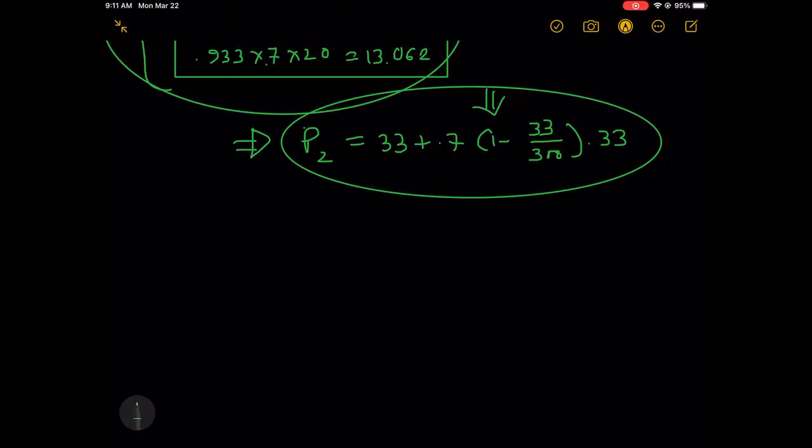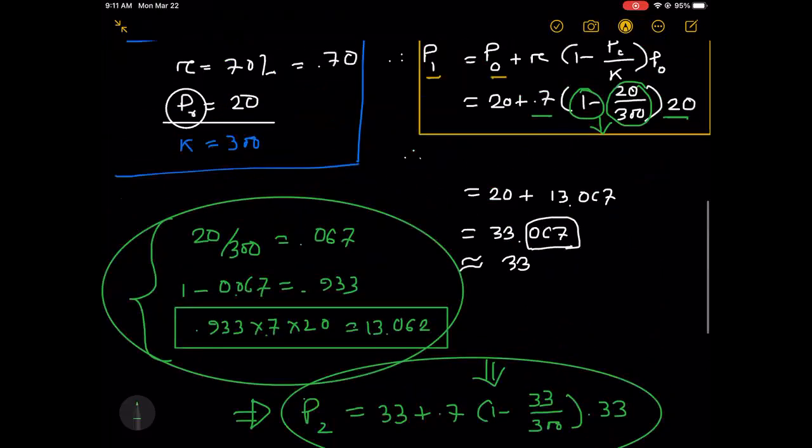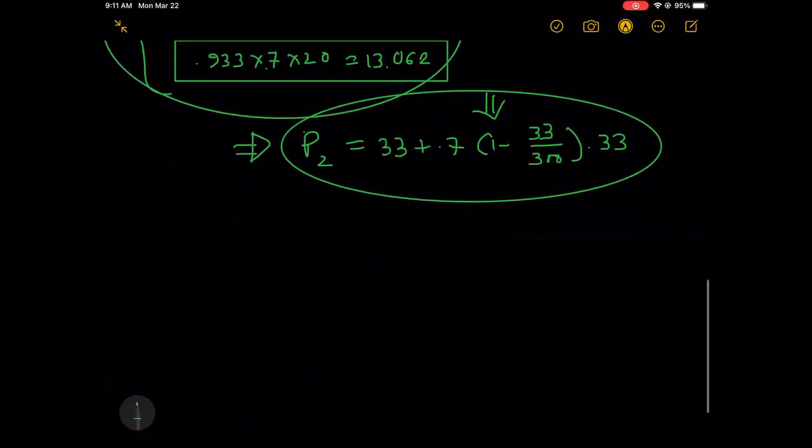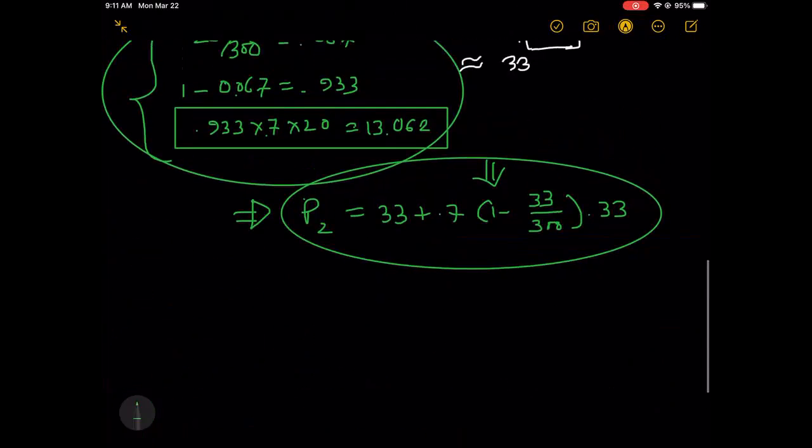It's the same equation we used for P1. So this one? Yeah, just with different values because we have different values for P2. So what's our n on this equation for P2? So n would be 1, wouldn't it?